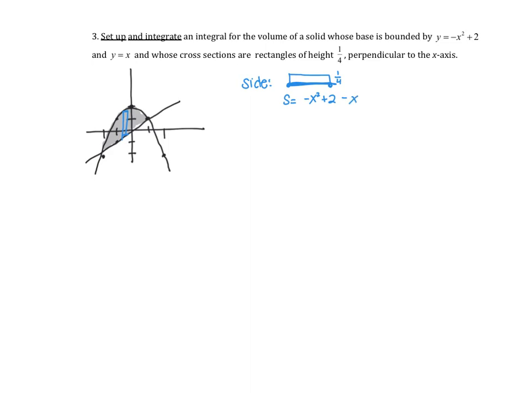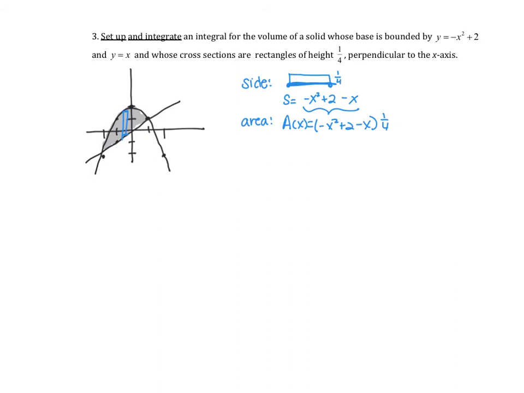Okay? And the area, because it's a rectangle, is the base. Well, the base is the side, so it would be negative x squared plus 2 minus x times the height, which is 1/4. Because remember, that's what it said. And that's my area formula.